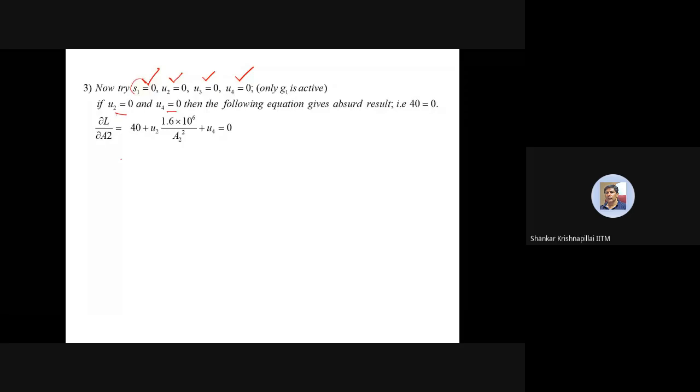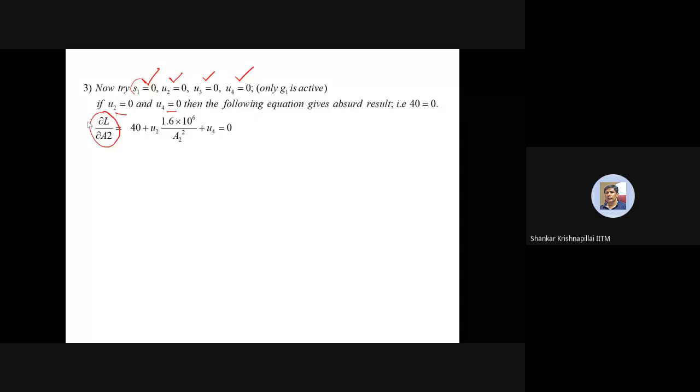If U2 equal to 0 and U4 equal to 0, then you get the absurd result that 40 equal to 0. So this condition will not work.